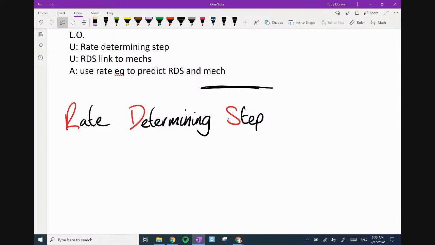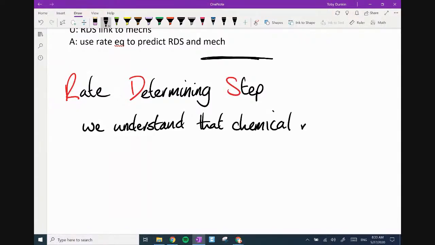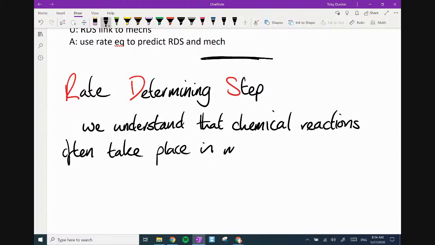Outstanding. Okay, so let's do some notes. First of all, we understand that chemical reactions often take place in multiple steps.